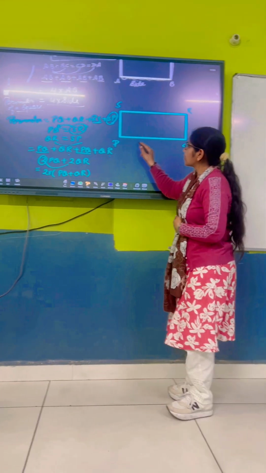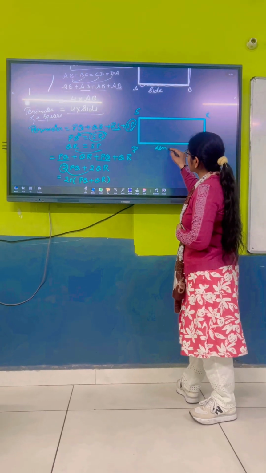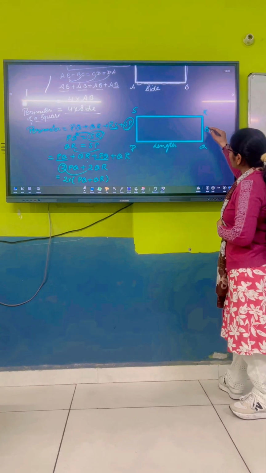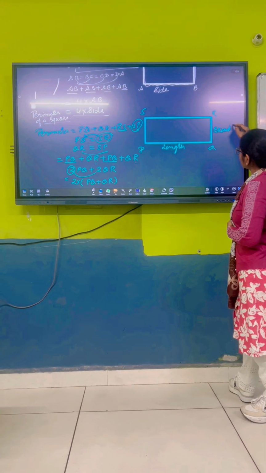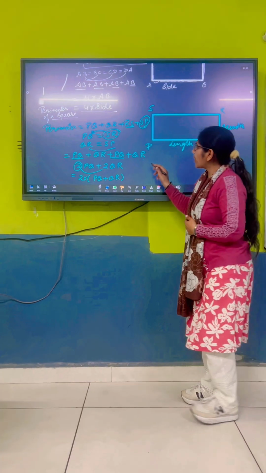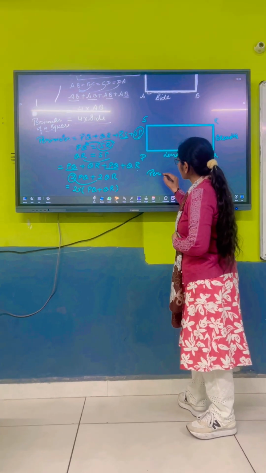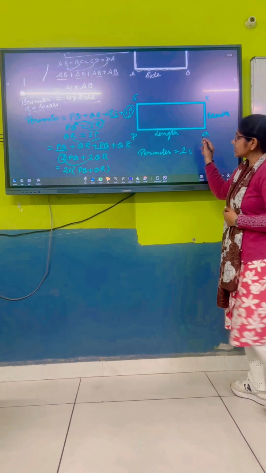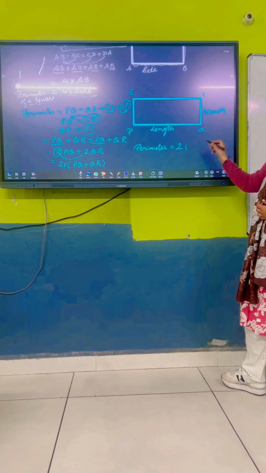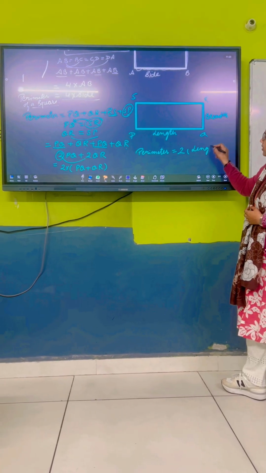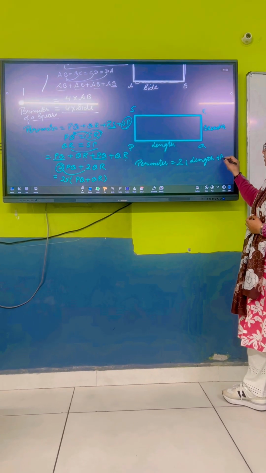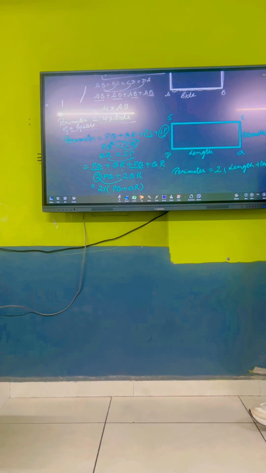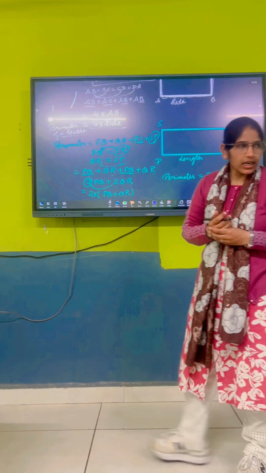If side PQ is the length and side QR is the breadth, then the perimeter of a rectangle is 2 times length plus breadth. This is the formula for the perimeter of a rectangle.